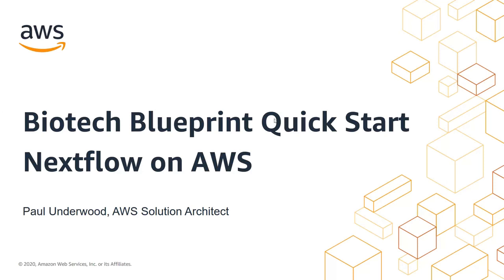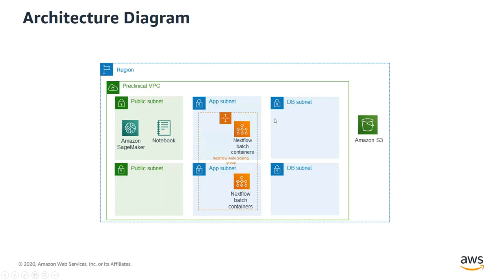The rough architecture for this, for those of you who deployed the Biotech Blueprint, should look familiar. You'll have your public or DMZ subnets, your application subnets, and your database subnets. These would have already been created for us by the Biotech Blueprint 1.0.